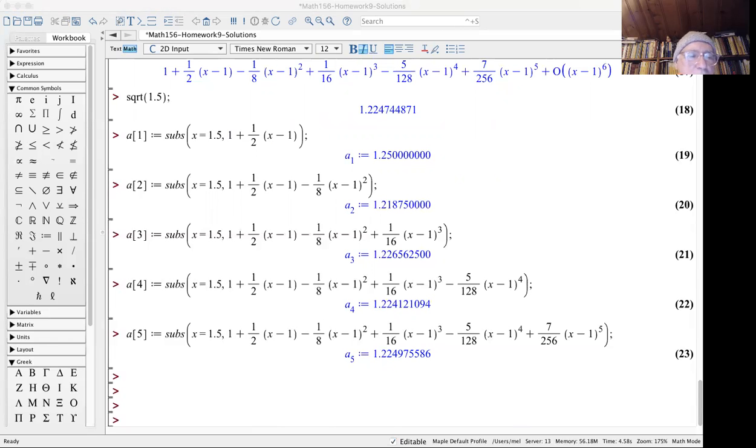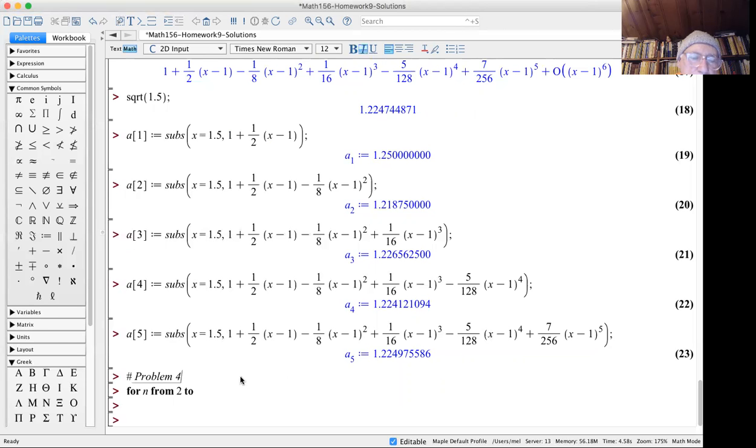And the last is to calculate the Taylor polynomials for cosine plus sine and compare them. So this is problem 4. For n from 2 to what? Let's see.